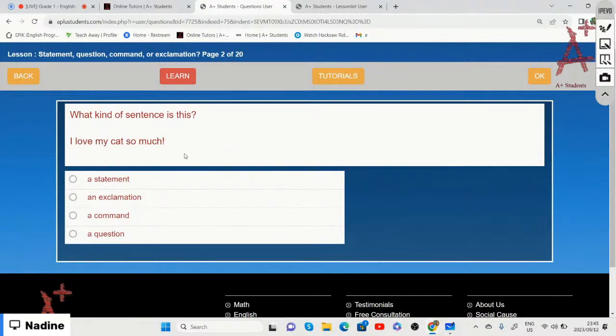I love my cat so much. Is that a statement, an exclamation, a command, or a question? This is an exclamation because it ends with an exclamation point.